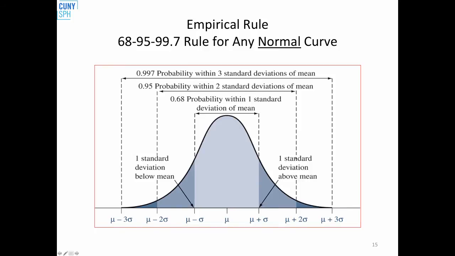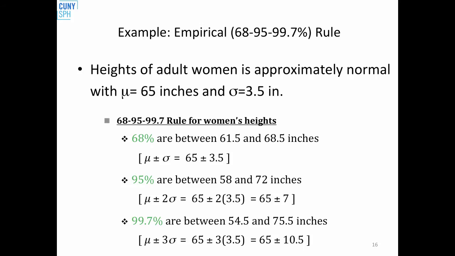Plus or minus 2 standard deviations contains 95%, and plus or minus 3 standard deviations contains almost all of the probability, 99.7%. So if you have a normally distributed random variable, its probabilities for a large sample or for the population will fall according to this distribution defined by the normal.